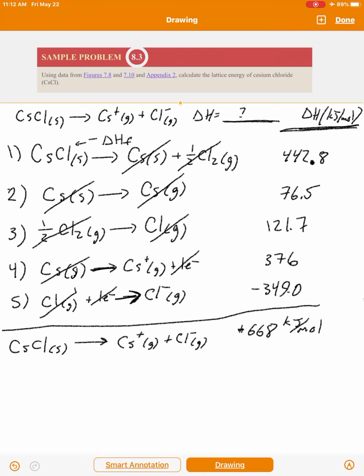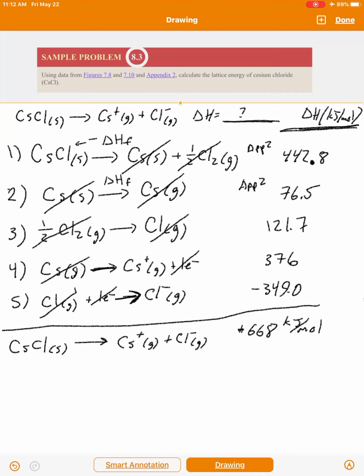Cs solid goes to Cs gas. That's also a heat of formation in Appendix 2. So that's not the minus heat of formation, it's just heat of formation of that. That equation, Cs gas from Cs solid, is in there. So you can just look that up in Appendix 2. This one's Appendix 2. This one's Appendix 2. But the first one, you have to take the negative of it.